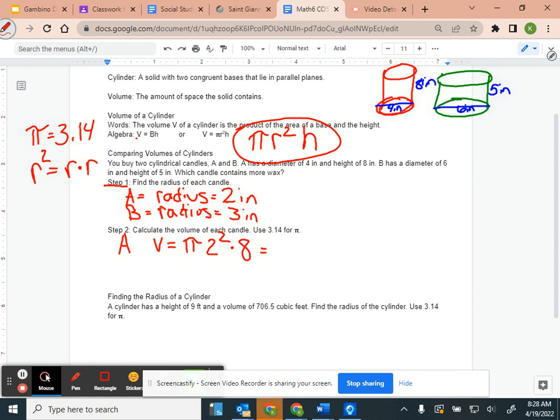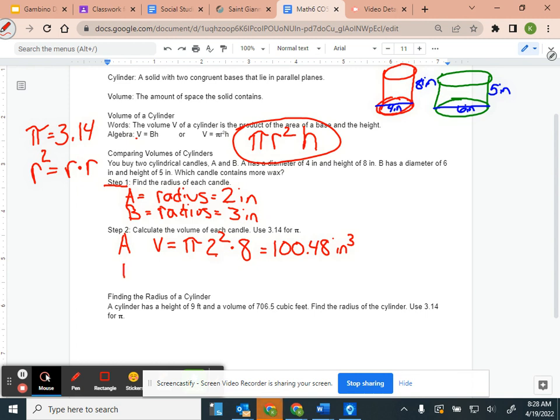What do you get, Landon? 100.48 inches. And we're going to cube it because we multiplied it 3 times. There's 2 inches we multiplied here, 1 inch there, so there were 3 inches that we multiplied.